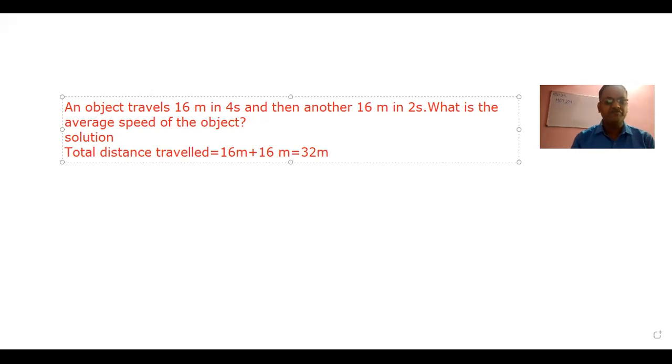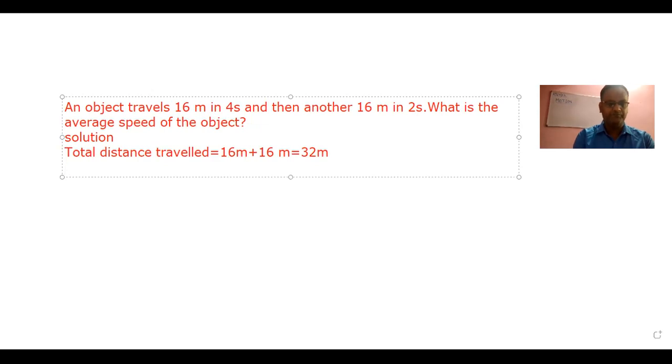Got it? So first we have to see what is the total distance traveled by the particle, and it is definitely 16 meter and another 16 meter, that is equal to 32 meter. And now we will see what is the total time taken.